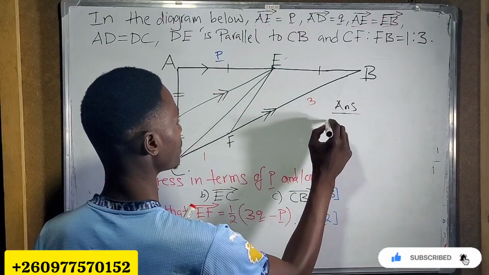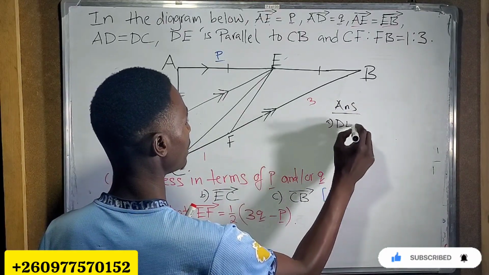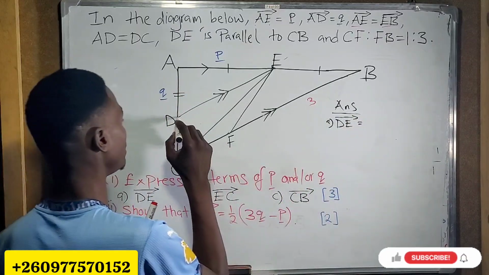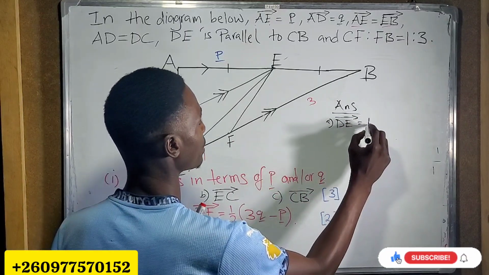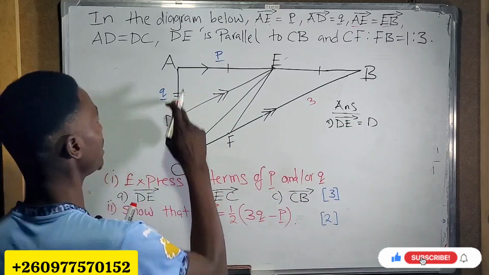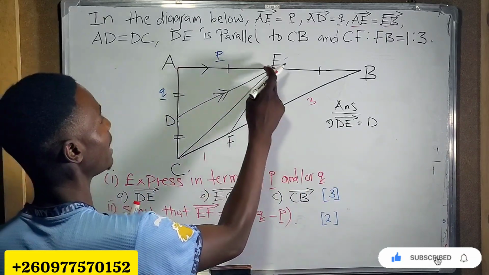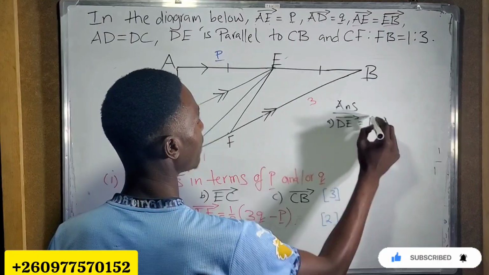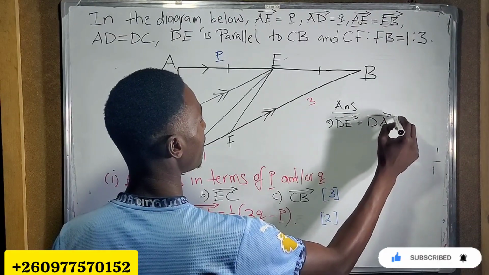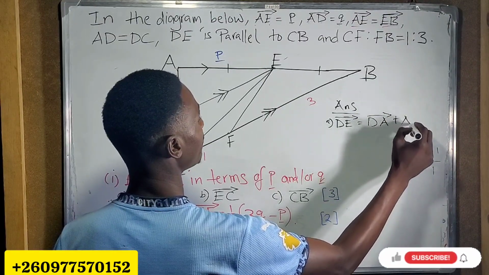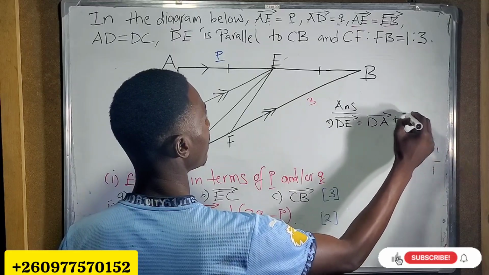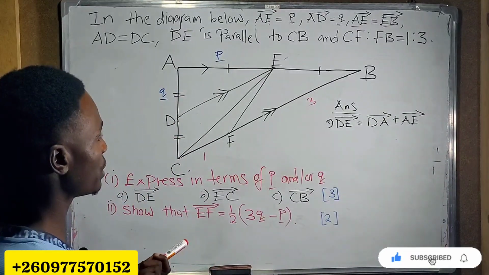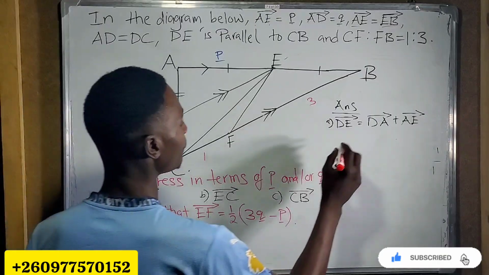For the first one, which is DE, since we're starting from D, then D is the origin. So we're going to move DA plus AE. So vector DA plus vector AE. That's the matter of substituting there. We're calculating DE.